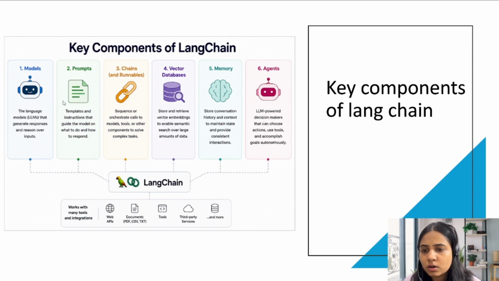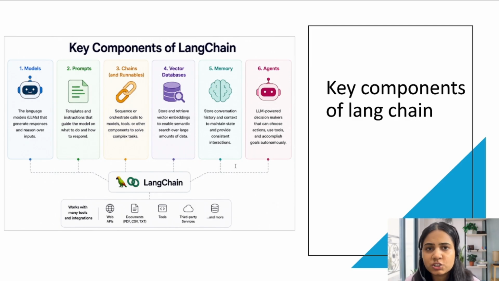Okay, so then we'll move forward to the prompts. So prompts, as we already know, are the instructions which we are providing to the LLM models. If we provide a good prompt context, if we are providing more context to the model, it will help us to generate a proper or good response. It will help the LLM to interpret the input and generate structured output.